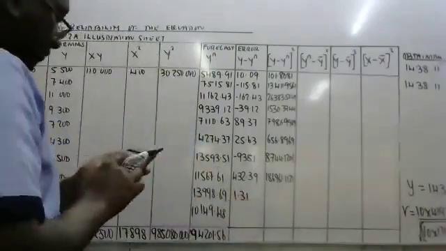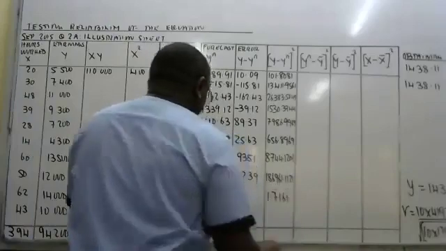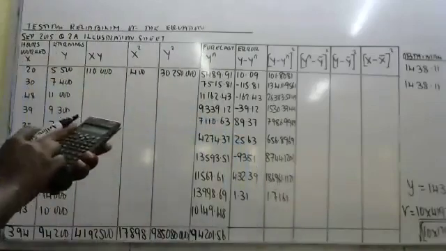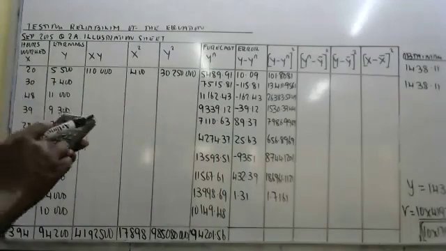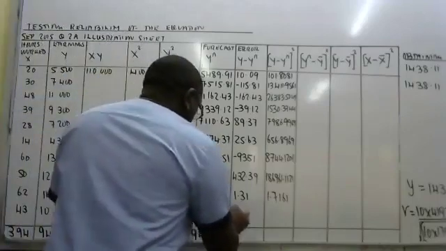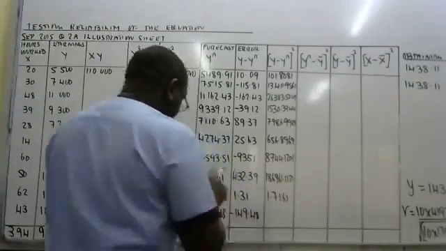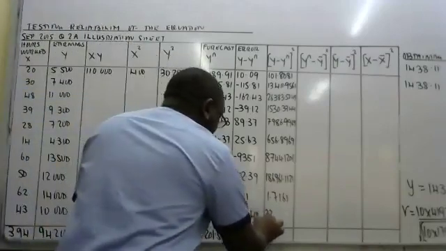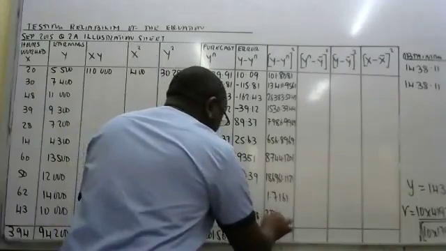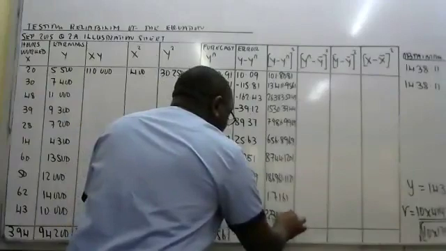You square that value and work with 1.7161. I have 10,000 minus 10,149.48 is negative 149.48. You square that and work with 22,344.2704.